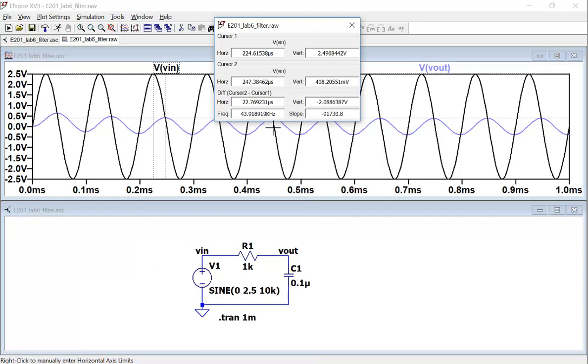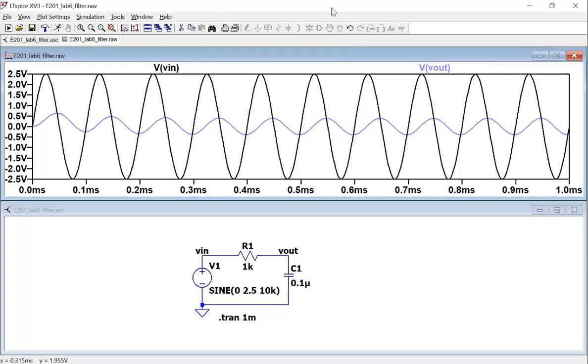And now I can measure the horizontal difference, which is 22.7 microseconds. That's the delta T. And you do it for every single frequency and put it in the Excel sheet. Okay. Very similar for the high pass filter. Just swap the positions of the resistor and capacitor in the circuit on your breadboard and do the measurement.